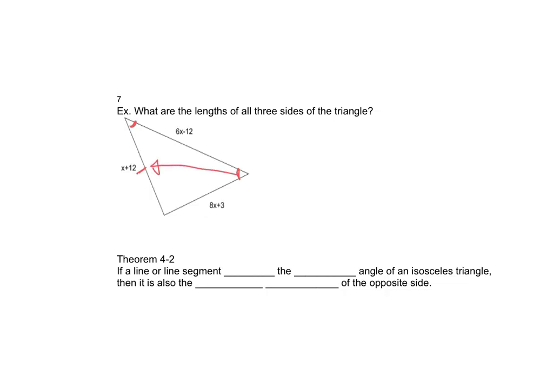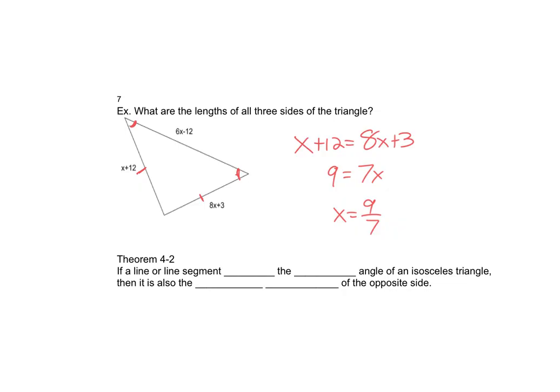So this side and this side. So now that we know that those two sides are congruent, I'm going to write an equation. x plus 12 equals 8x plus 3. That means 9 equals 7x, so x equals 9/7.